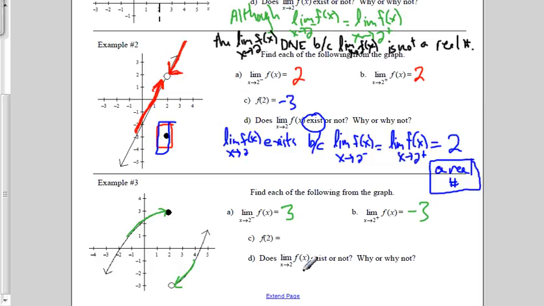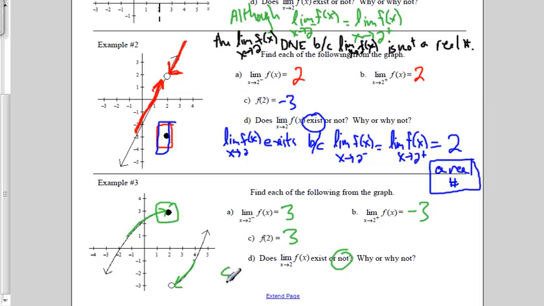This time, the value of the function f of 2 is equal to positive 3 as well. So f of 2 equals 3, and the limit from the left equals 3. But again, what did our limit existence theorem talk about? Really it was just, does the limit from the left equal the limit from the right? And in this case, it does not.